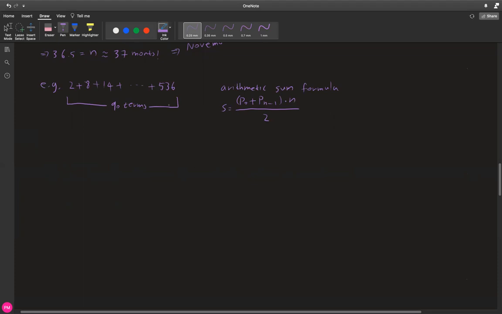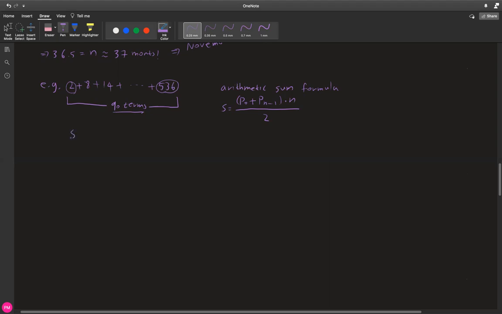From here, we know the first term of the sequence is 2, the last term of the sequence is 536, and we have 90 terms. In fact, we know every single piece of information that we need to find the sum. So instead of having to find every single term or even find the explicit formula, recursive formula, anything like that, we can simply use these three pieces of information to find the entire sum.